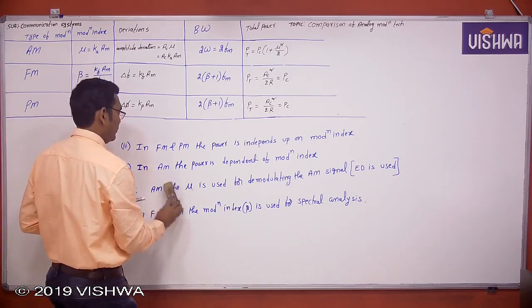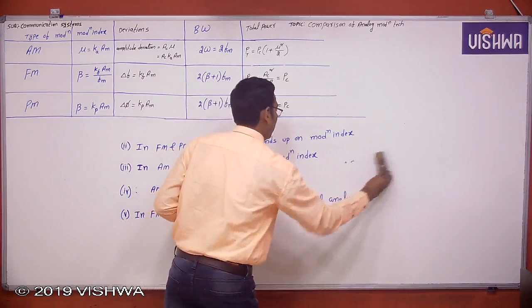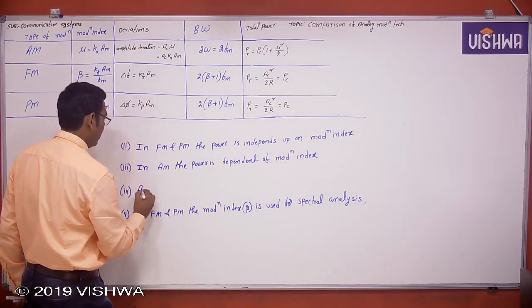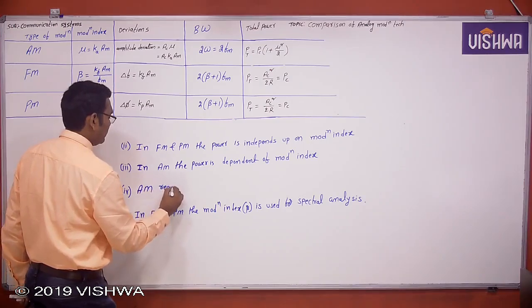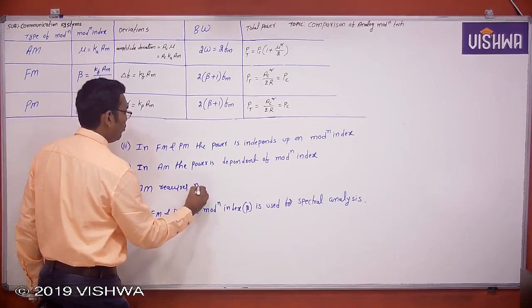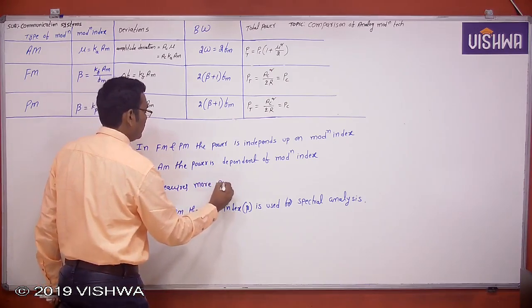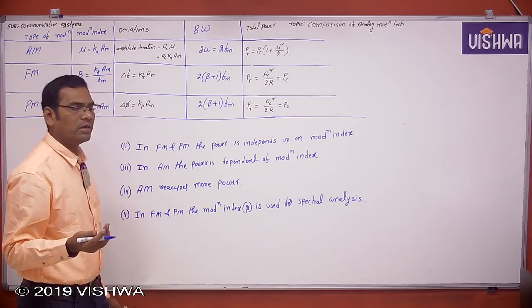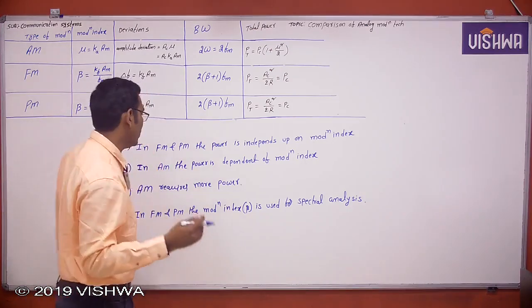Next, AM, amplitude modulation requires more power because information itself is in the form of amplitude. In amplitude modulation, the amplitude of the carrier is continuously changing.